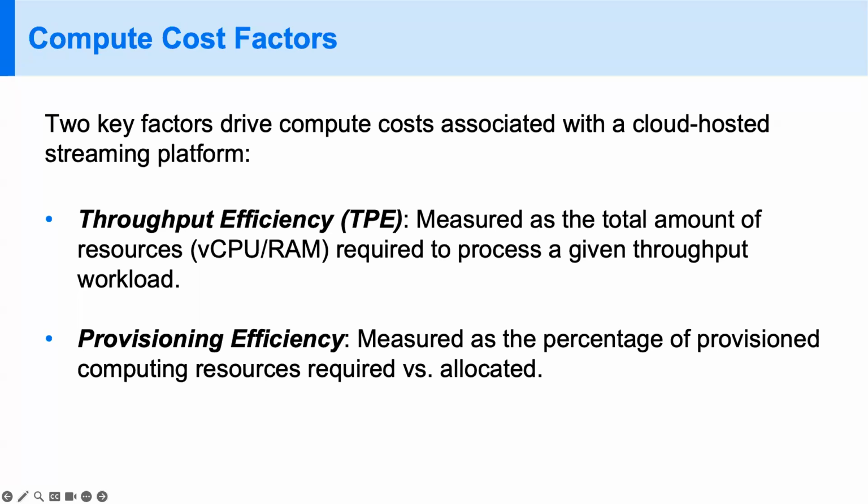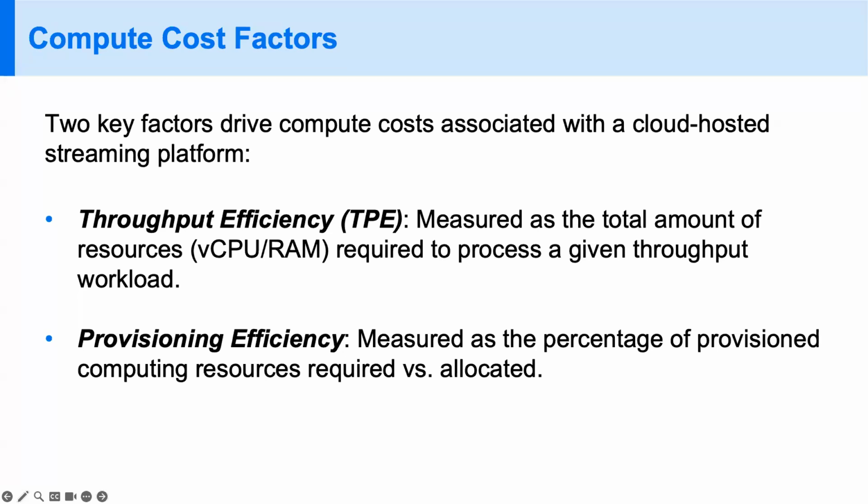Some platforms optimize for efficiency, so obviously they'll reduce the number of CPUs and RAM required. Platforms that are less efficient will require more, and it will be reflected in your total spend on infrastructure.